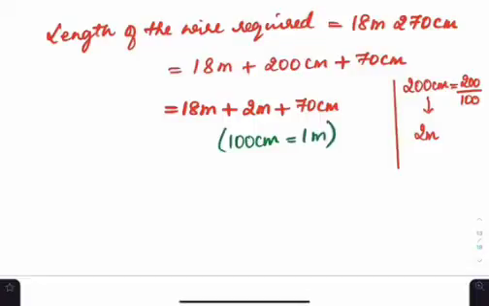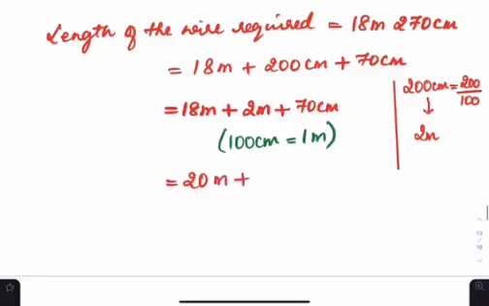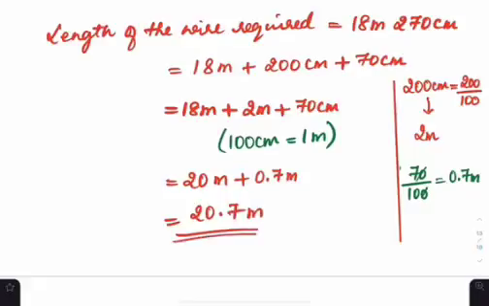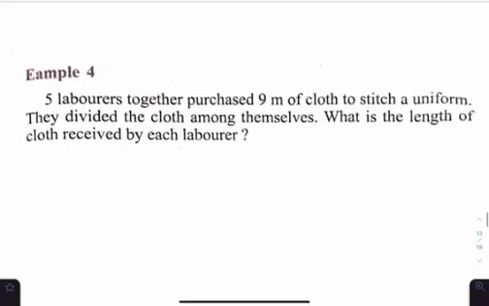So what we can do is, this becomes 18 plus 2, 20 meters, plus this 70 divided by 100, which is equal to, 0 gets cancelled, 7 by 10 is nothing but 0.7 meters. 70 centimeters can be written as 0.7 meters. So 20 meters plus 0.7 meters is 20.7 meters. I hope all of you understood, children.